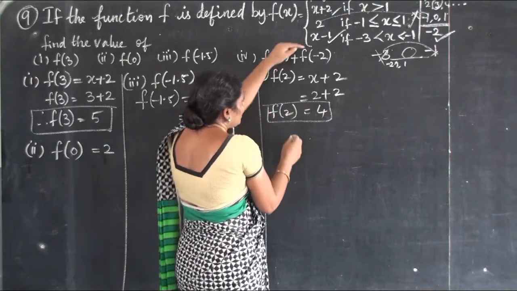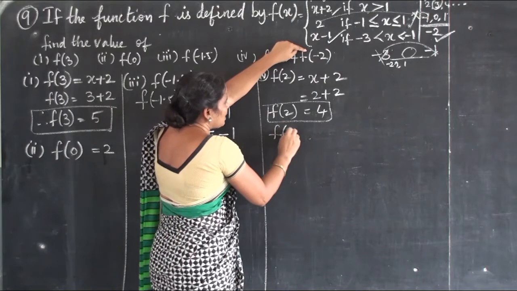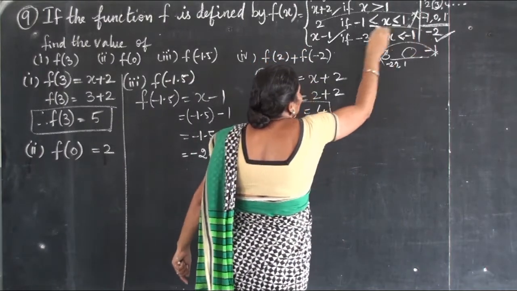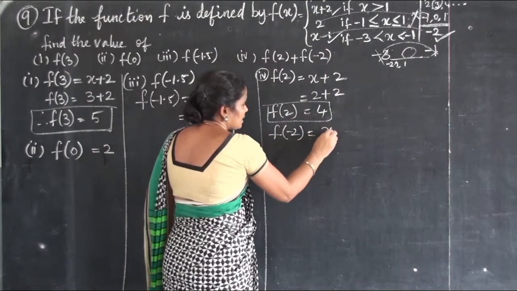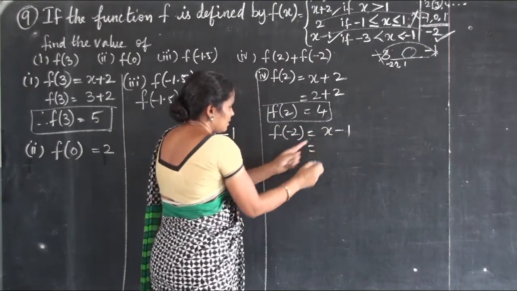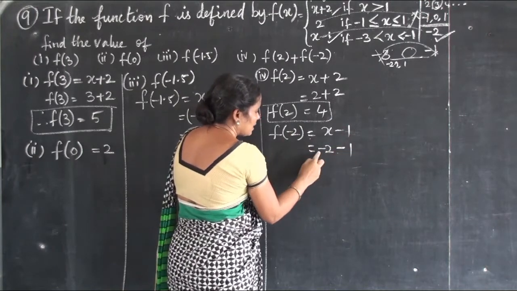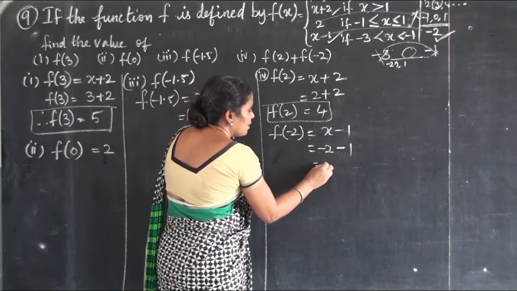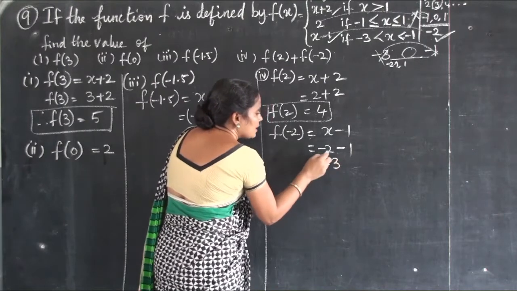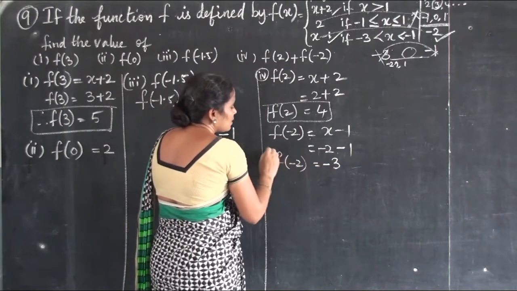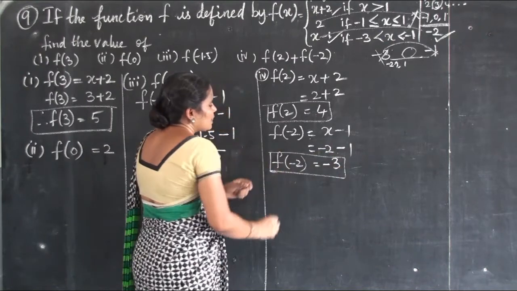Okay, then find f of minus 2. Where is f of minus 2? f of minus 2 lies in the last equation, that is x minus 1. In the place of x, apply minus 2 and write minus 1. Same sign, add and put the same sign, that is minus 3. So f of minus 2 is equal to minus 3.